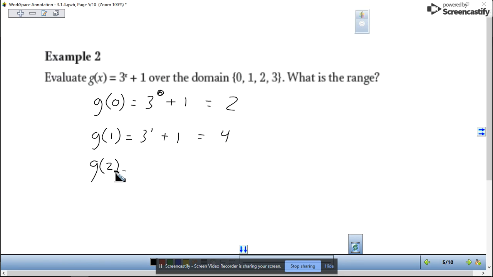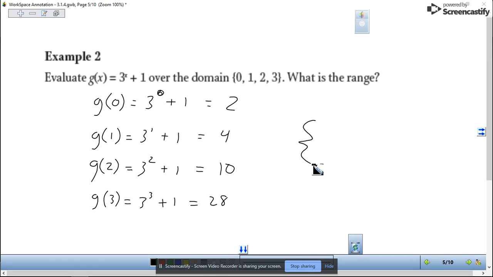G of 2 is going to be 3 squared plus 1, which is 9 plus 1, which is 10. And then g of 3 would be 3 to the third, which is 27, plus 1, which is 28. So on this one, we would have 2, 4, 10, and 28.